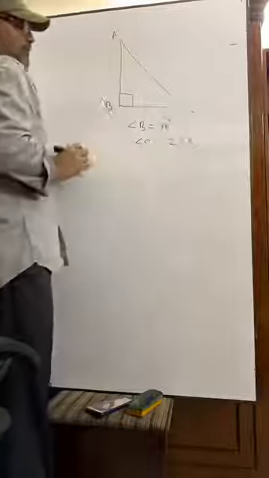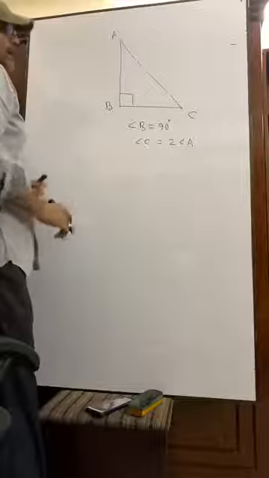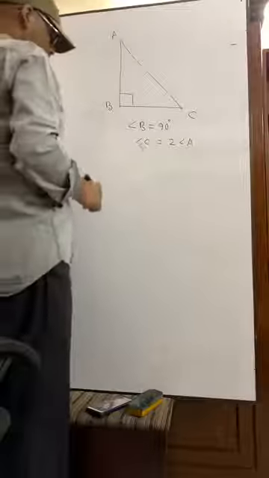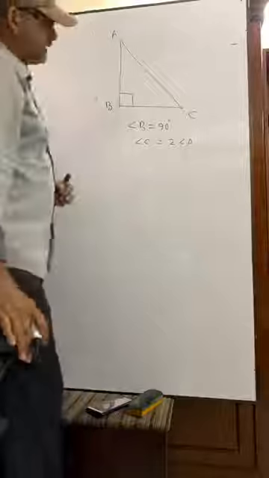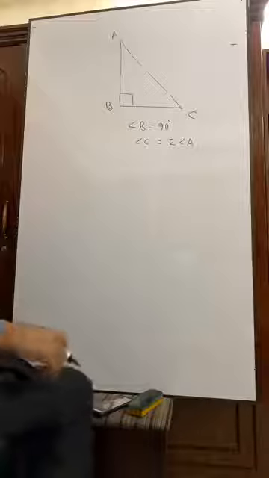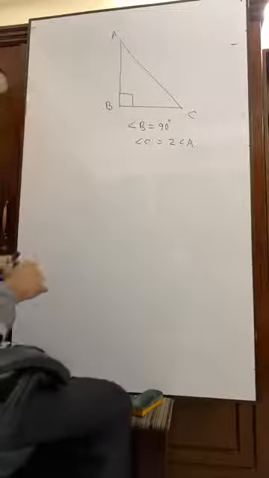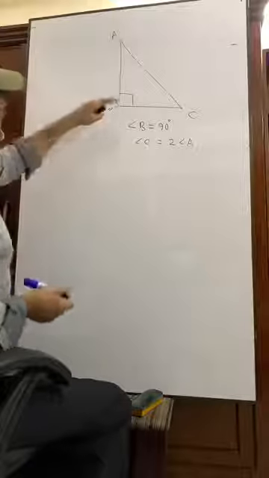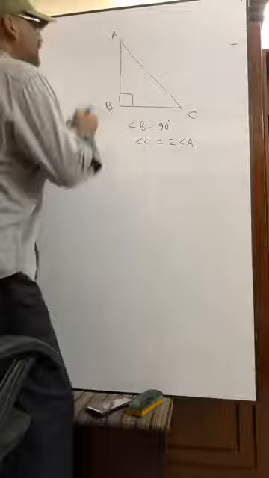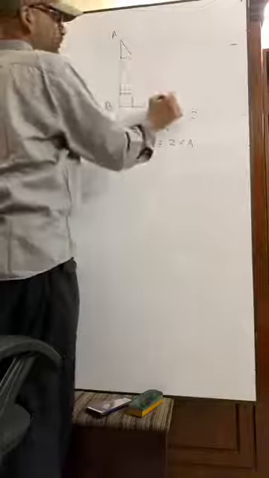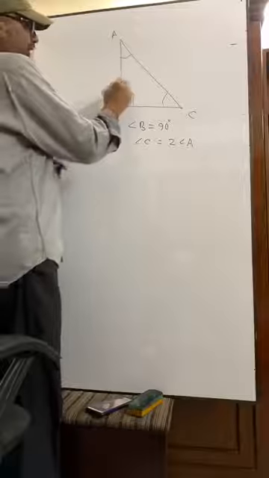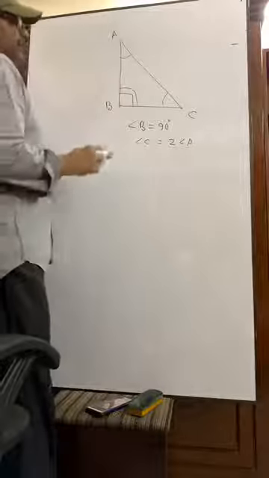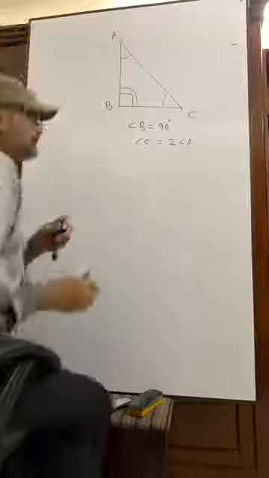Now see, twice angle A. So what can be written? You see, it is 90 degree, so the sum of these two angles will be 90 degree.